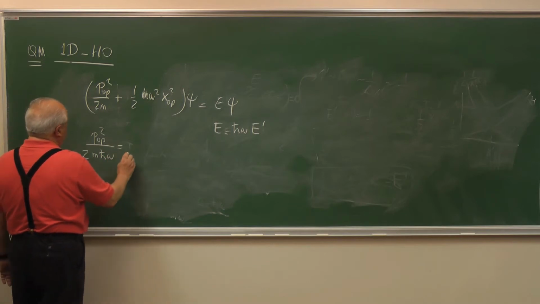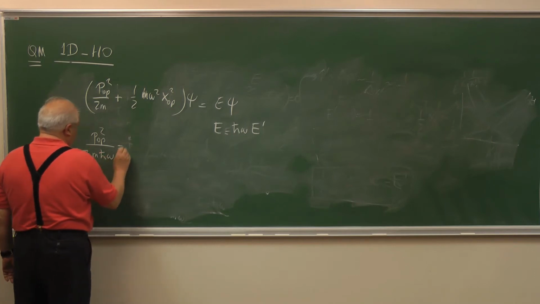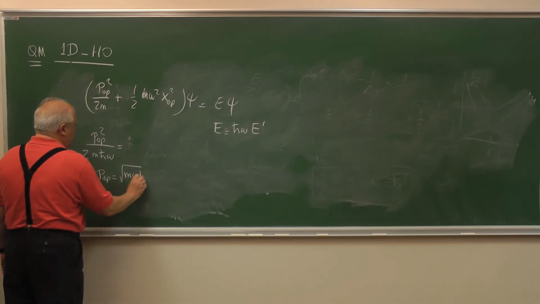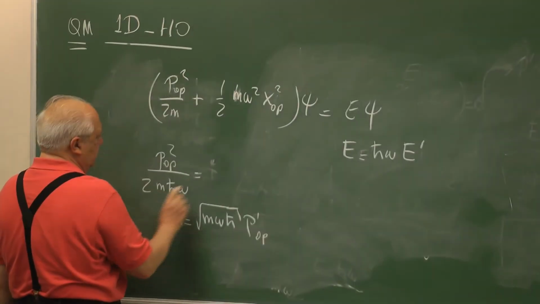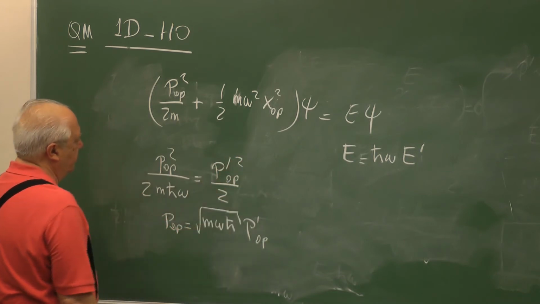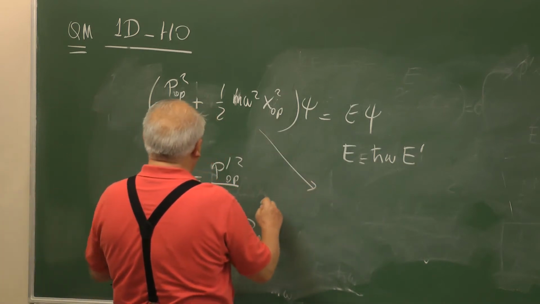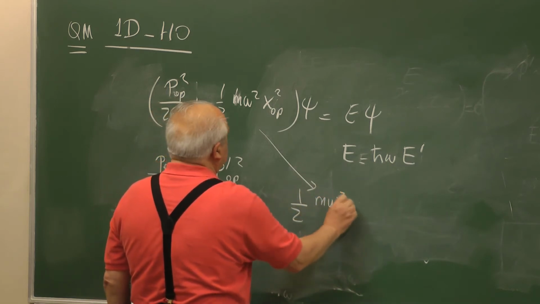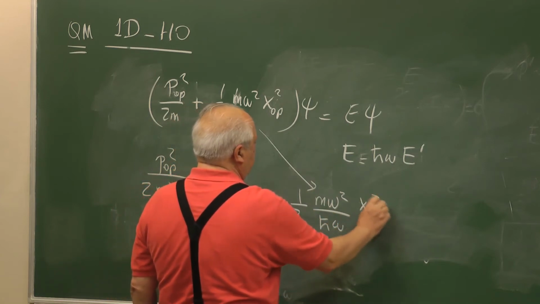This one we shall write by defining the P operator as root m omega h bar times P prime operator. So this becomes simply P prime operator squared over 2. And this one, we are dividing by h bar omega: 1/2 m omega squared x operator squared.